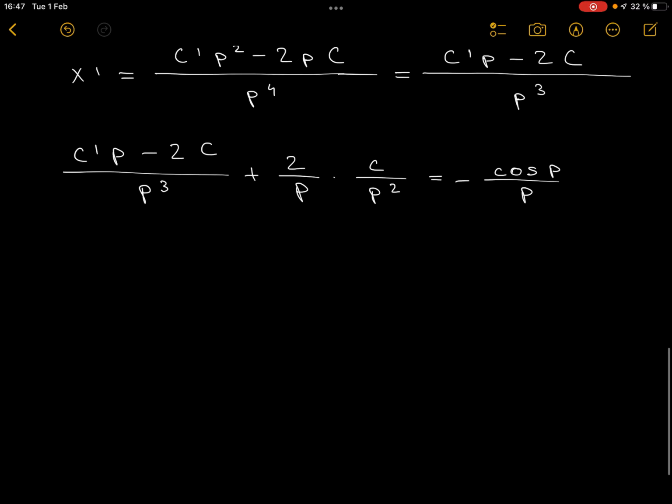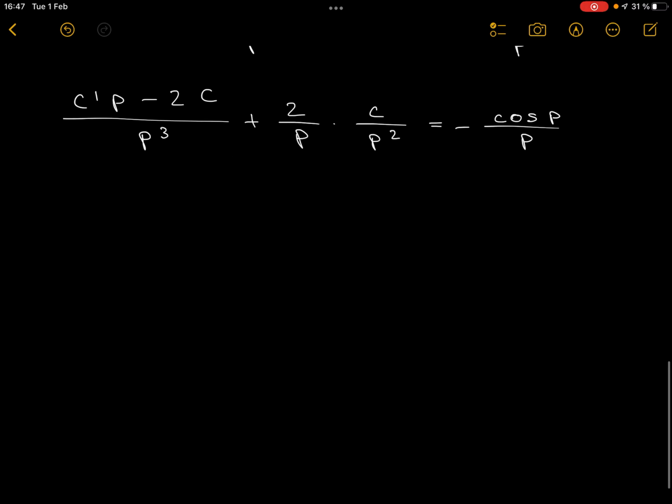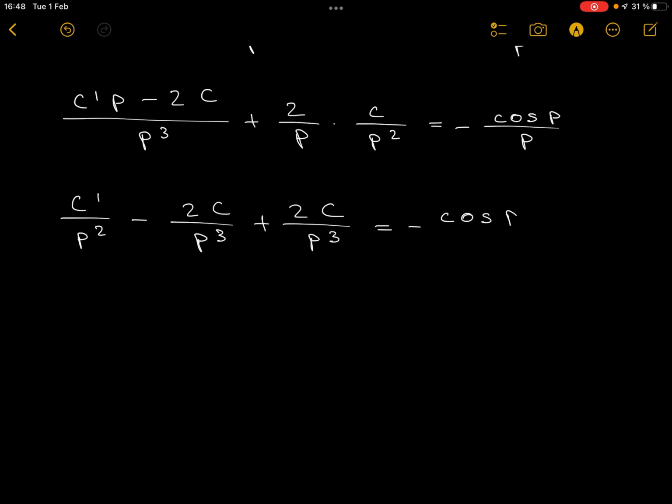Okay, so I'm just going to rewrite this in another form. So c prime over p squared minus 2c over p to the third power plus 2c over p to the third power is equal to negative cosine of p over p.